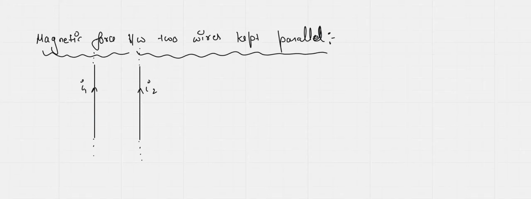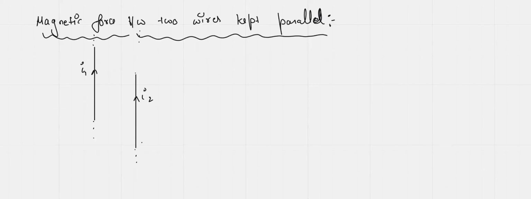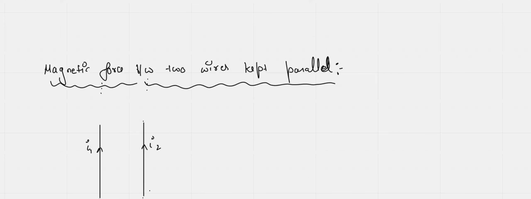Assume that the first wire is infinite, and assume the other wire to be of finite length.